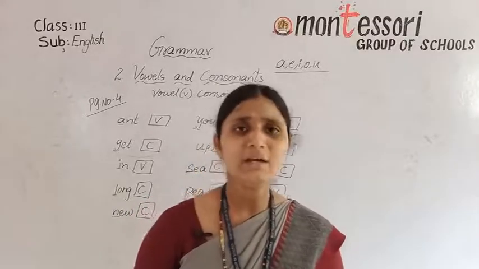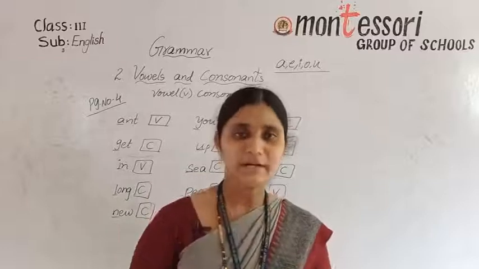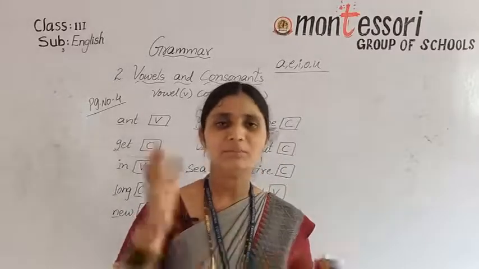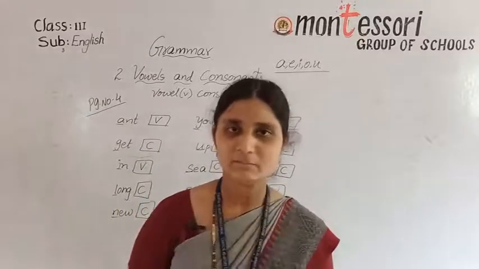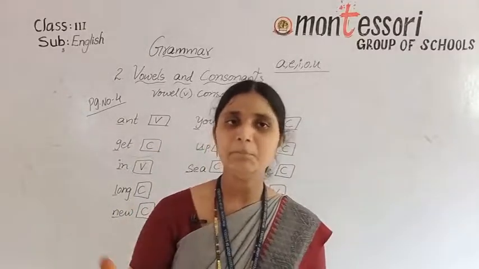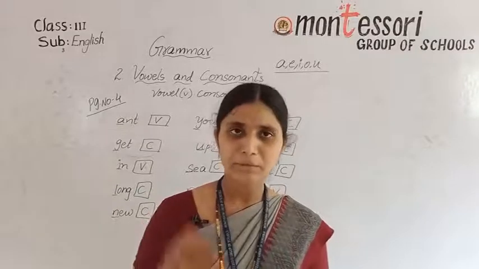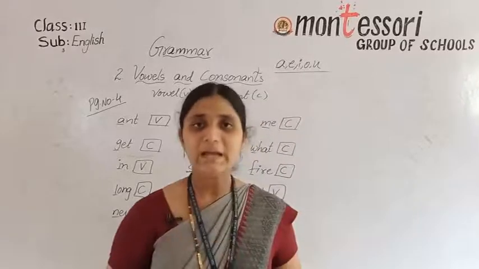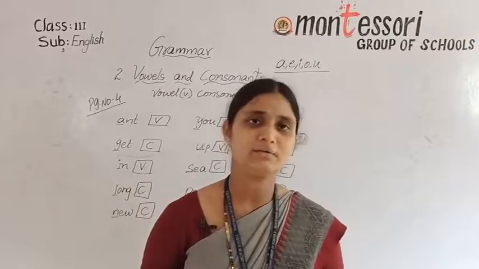And do you know, my dear, the arrangement of those letters is in a particular order. Can we write Z after A? Can we write M before B? No. So, all those letters are arranged in a particular order.